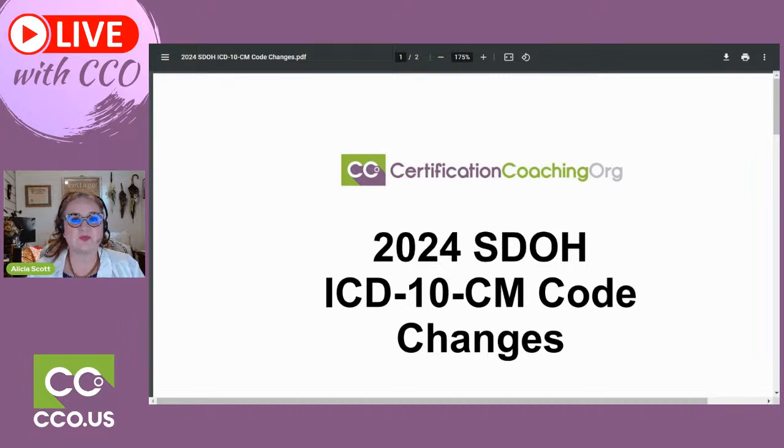These are relatively new to the code set. Now, there have been codes that have been used for some time. However, there is a significant focus on using these codes to the highest specificity now that we have them.